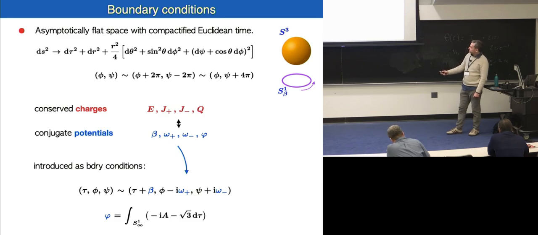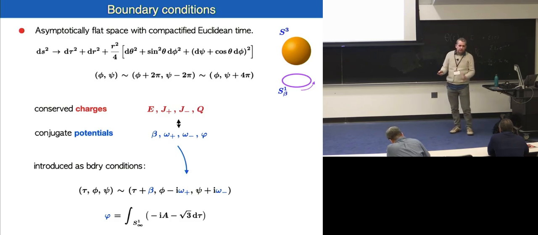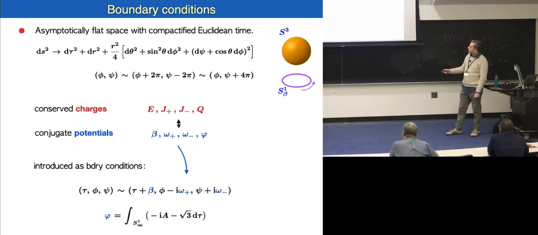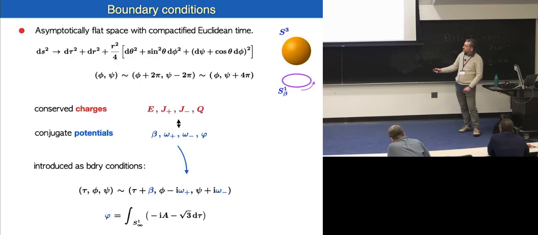We can introduce them in different ways, either as background fields or as boundary conditions for the identifications of the fields. Let's take the second approach. So these angular velocities are introduced by saying that the coordinates are identified in this way.